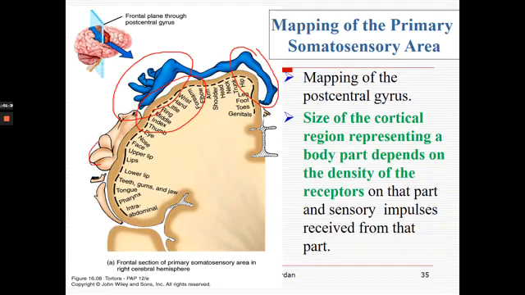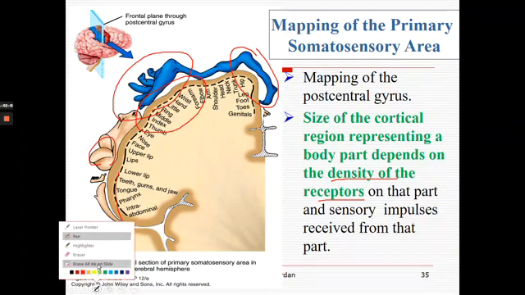Let's look at the lips here, and the tongue. So the size of the cortical region representing any part of our body depends on the density of the receptors on that part. And so it is contralateral, it is upside down, and the area in the cortex is proportional to the density of receptors in that area of our body.